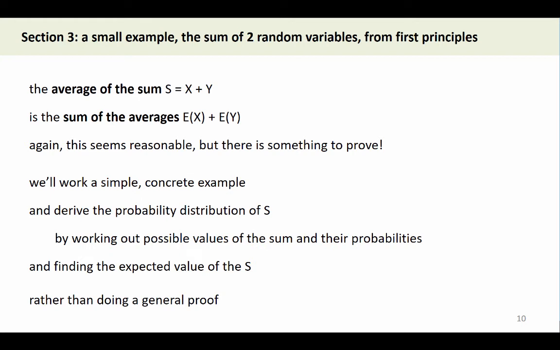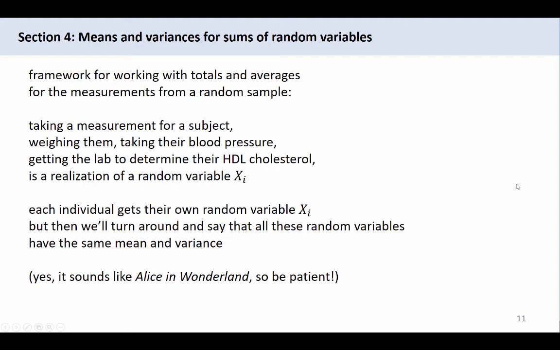Mostly we're going to go through and work things out. We're going to derive the probability distribution of the sum S. We're going to work out the probabilities for each possible value of the sum, find the expected value. We're going to do that as an illustration rather than trying to do a general proof.